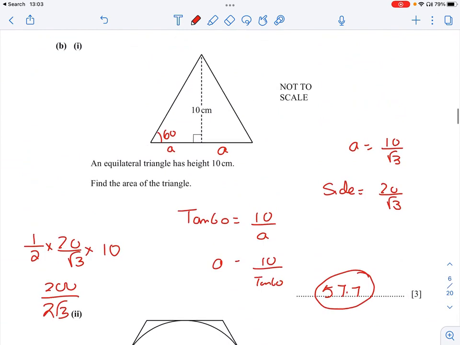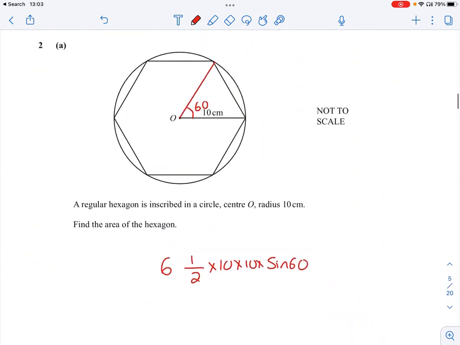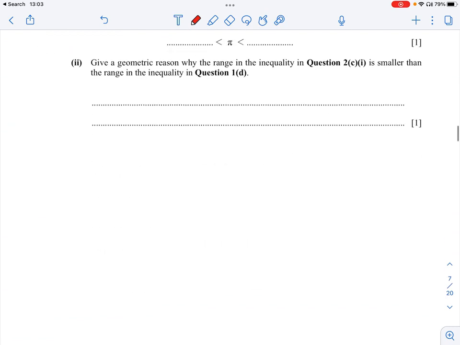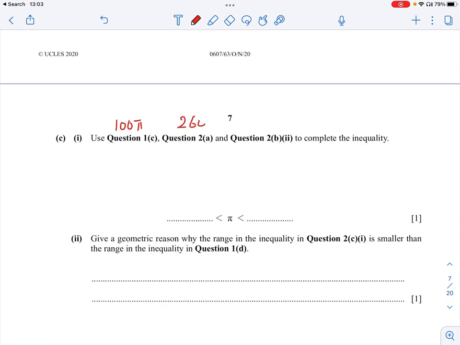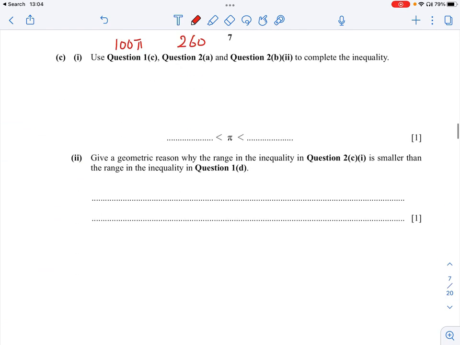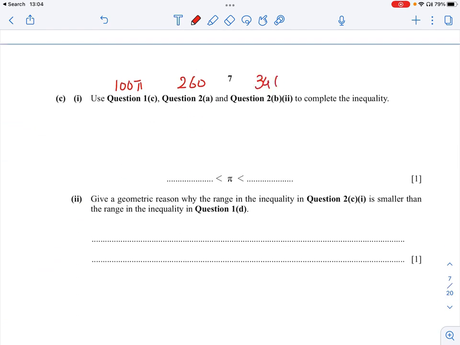What was 2A? 2A was 260. And 2B2 was 346. So what does that become now? 260 is less than 100 pi is less than 346. So divide by 100: 2.60 is less than pi is less than 3.46.